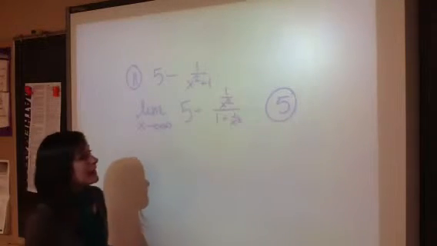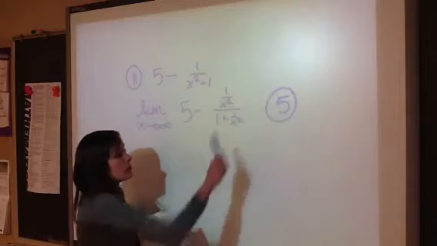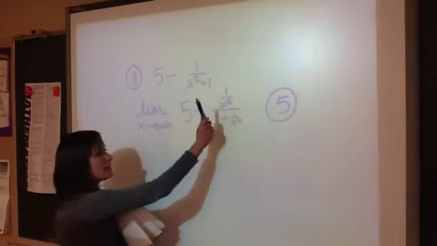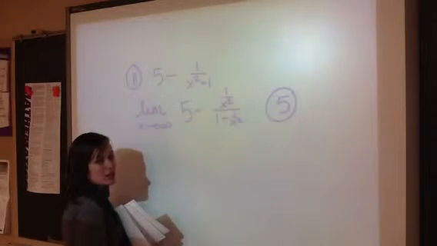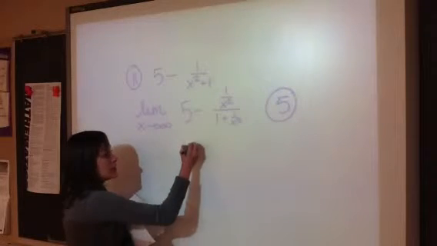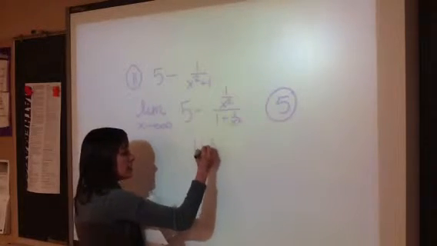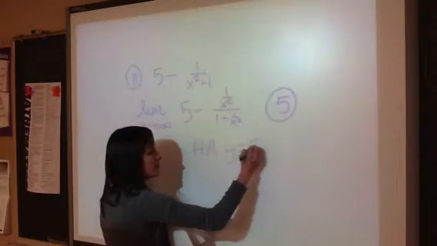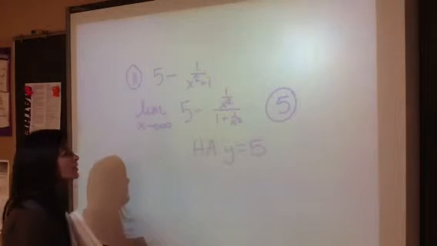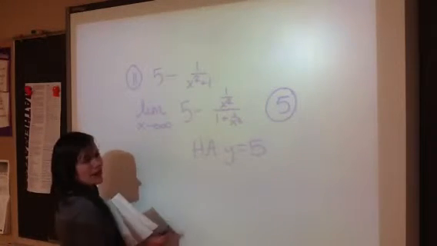All right. So number 11, we got 5 when we put in infinity. Well, if you put in negative infinity, guess what you get? 5. So we have a horizontal asymptote at y equals 5. Vertical asymptote, what makes our denominator 0?